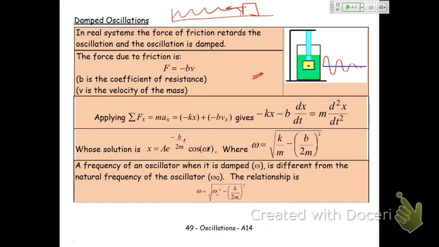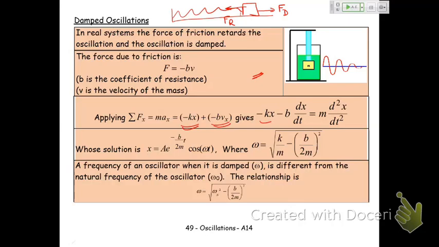So there's the restoring force of the spring, and then there's the frictional force. Let's call it F drag, FD. I've got to take both of those into account. The restoring force of the spring is given by that, and the frictional or drag force is given by that. So you start putting these together and you get that.